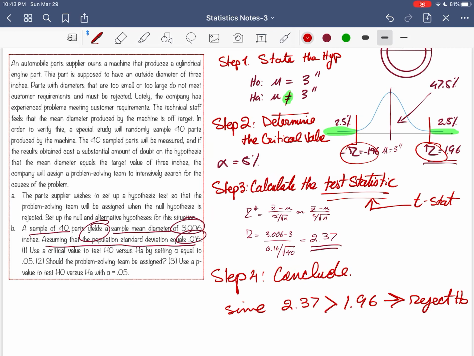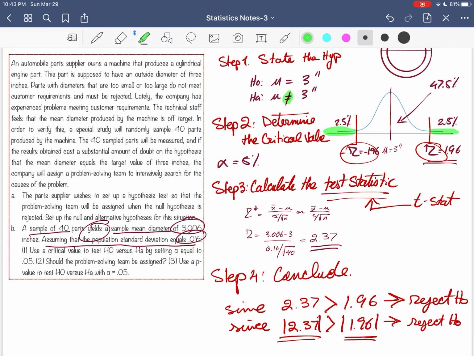What you can also do is, since the absolute value of 2.37 is greater than the absolute value of 1.96, reject H0. I like to use the absolute values because in situations where there's a negative sign, some people get confused. The answer will always be this way if you use the absolute value.